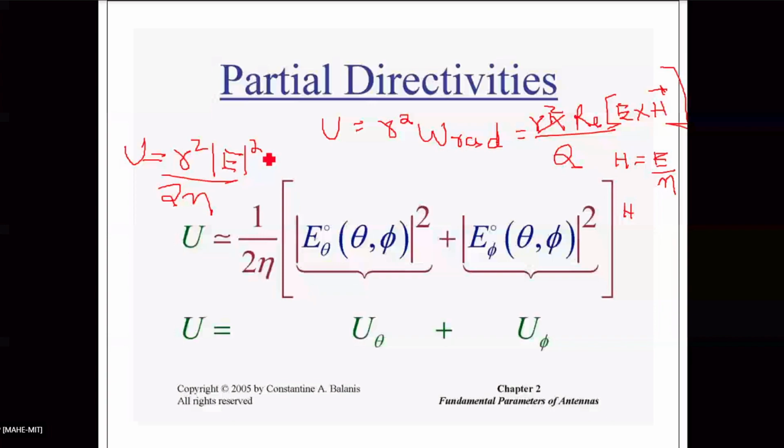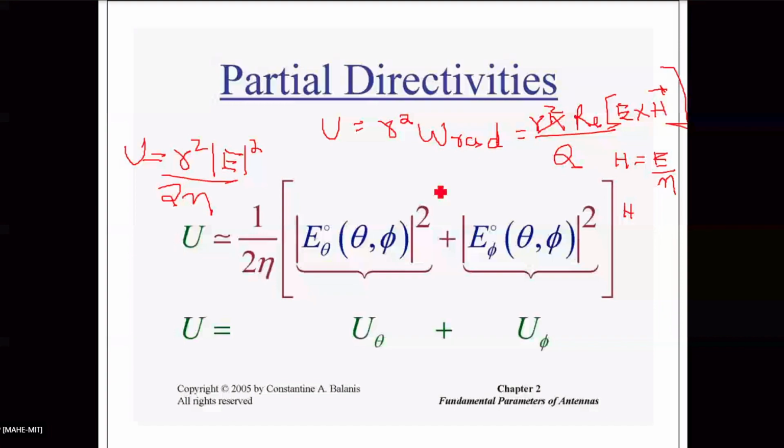Have you got this expression? U is equal to R square by 2 eta into E square. That's very important to know. Have you got it? Yes, sir.